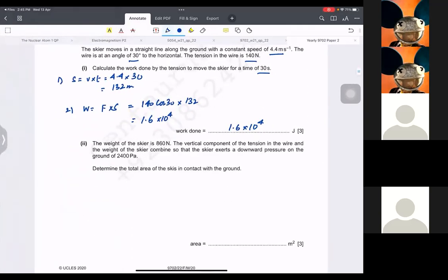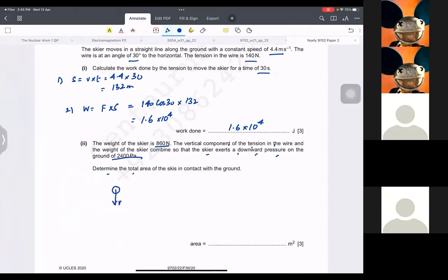All right, now it says the weight of the sphere is 860. The vertical component of tension in the wire and the weight of the sphere combined. So the sphere exerts a downward pressure on the ground. Calculate the total area of the skis. Okay. Now, if you look at the object, let's suppose this is the sphere.